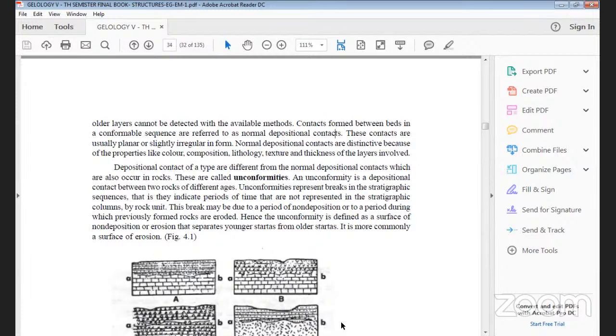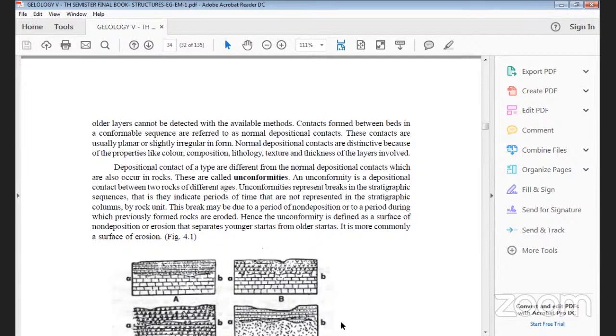An unconformity is a depositional contact between two rock formations of different ages. It is represented by a break in the stratigraphic sequence, indicating a period of time that is not represented in the stratigraphic column by rock units.